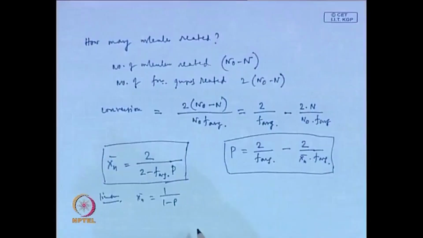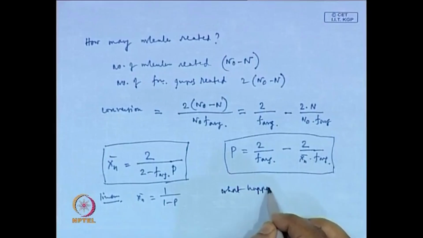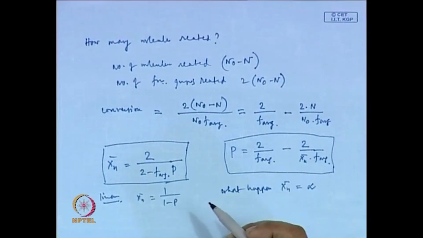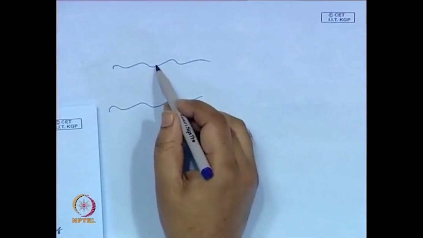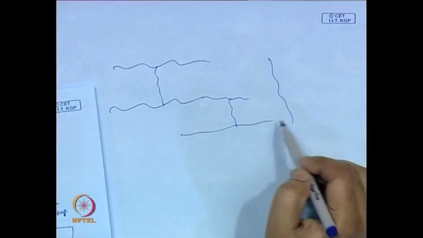Okay. Now, if you talk about p, what happens when Xn is infinity, when Xn can become infinity? If all the chains are tied up, say something like this: polymer chains are growing, and now I have cross links here and there, somewhere like this.